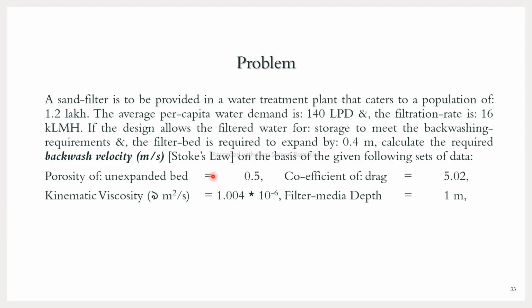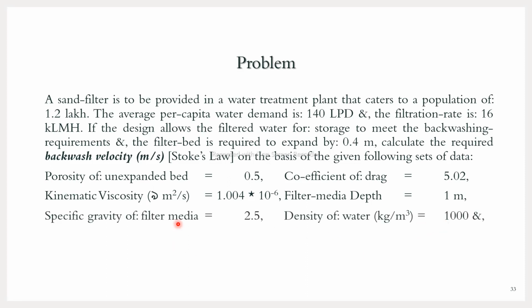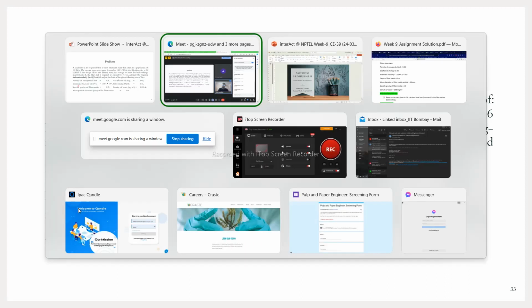That gives you the kinematic viscosity. Filter media depth is 1 meter. Specific gravity of the filter media is 2.5. And density of water is 1000 kg per meter cube. It is very obvious. And mean particle diameter of the filter media is 0.6 millimeter. Based on that, you have to calculate the backwash velocity.